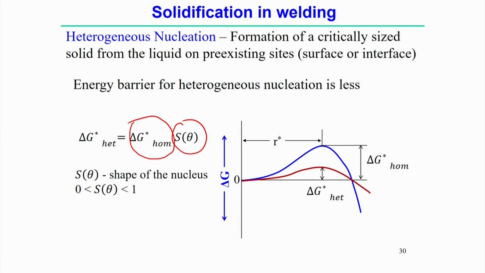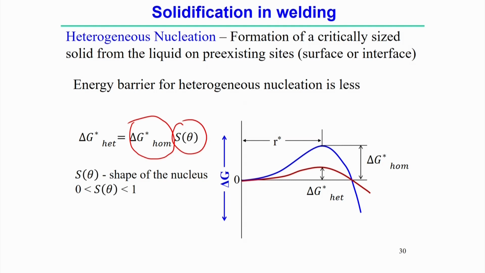That factor S intuitively depends on the size and shape of the nucleus, because when heterogeneous nucleation happens, based on nucleation theory, the surface tension between the interface or surface and the liquid metal can be different compared to the surface tension of completely solid metal existing within the liquid molten pool. That happens in the case of the homogeneous nucleation process.